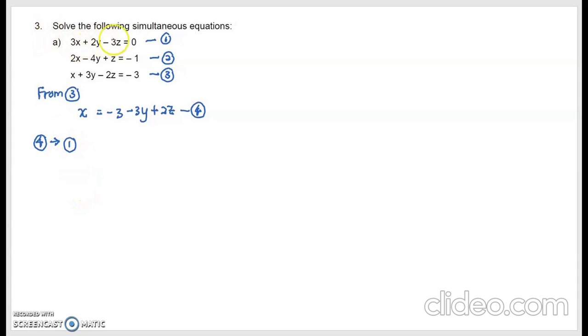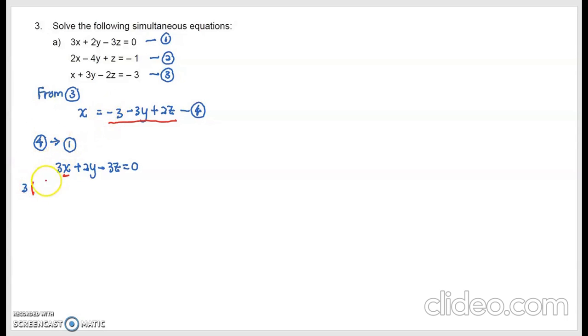So for equation 1, originally it is 3x plus 2y minus 3z is equal to 0. This x, we will substitute with negative 3 minus 3y plus 2z. So from here, I should have 3 in the bracket. Let's say I change to another color.